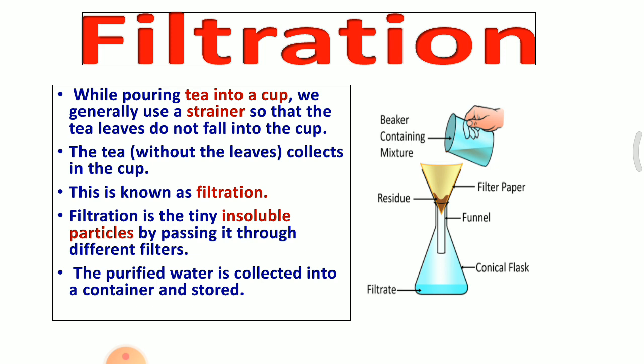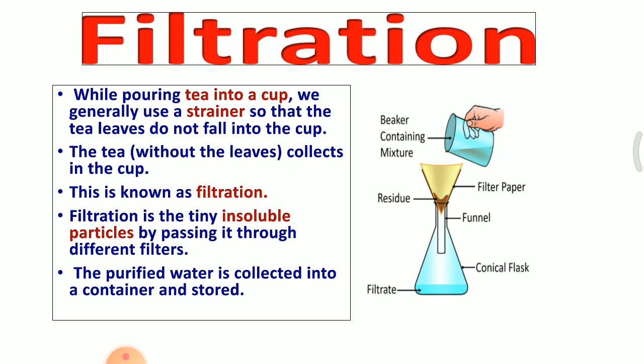While pouring tea into a cup, we generally use a strainer so that the tea leaves do not fall into the cup. The strainer traps the tea leaves from the tea.